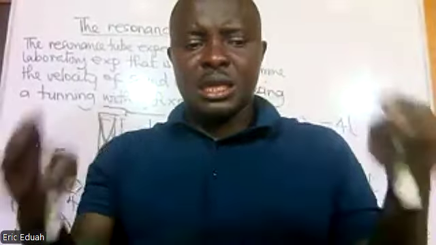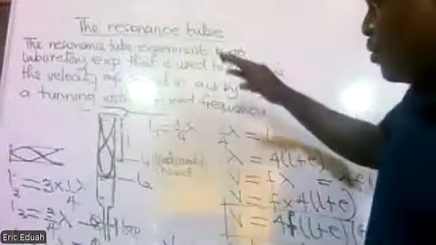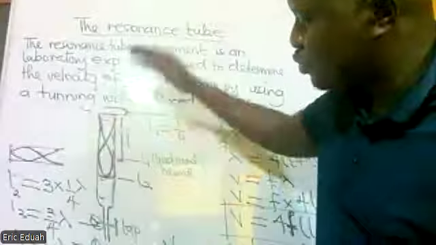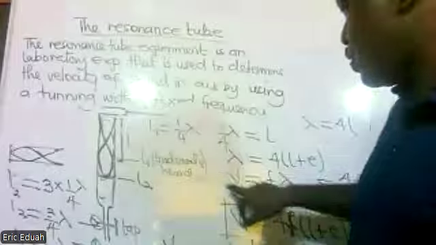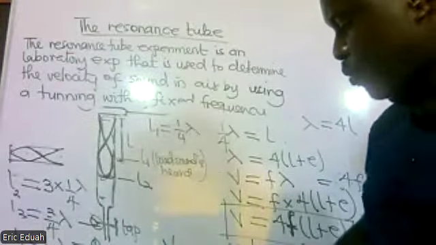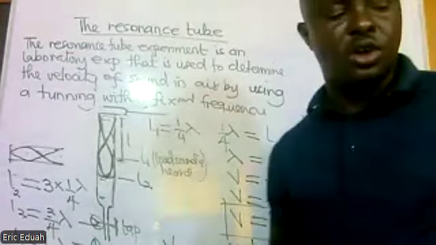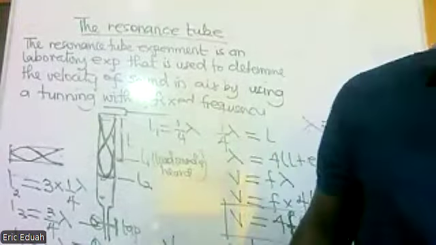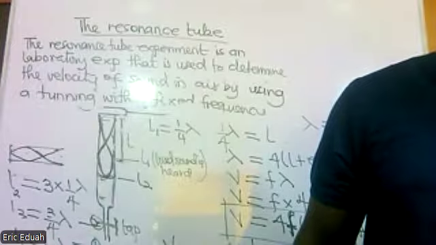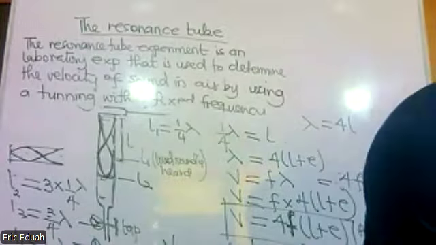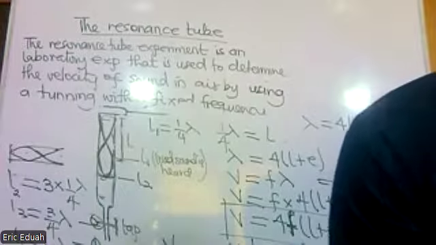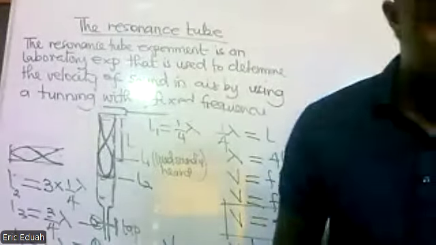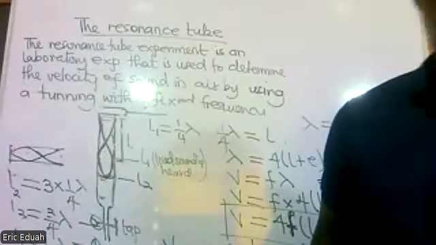So this is the reason why when you consider 2 resonance positions to calculate the velocity of sound in air, the first one is termed as the approximate, and then the second one is considered to be exact or correct because it minimizes error.